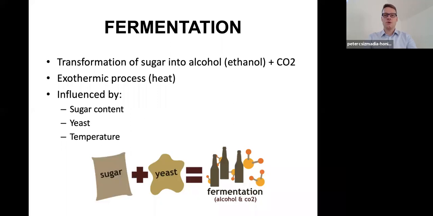Whereas there is also an option to use selected strains of yeast, and this is what we call commercial yeast. When you use commercial yeast, you have the option to choose between the different qualities of the yeast strains.